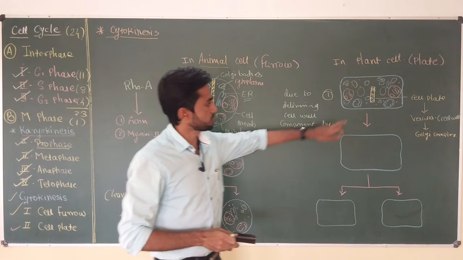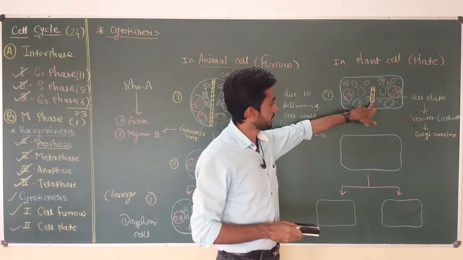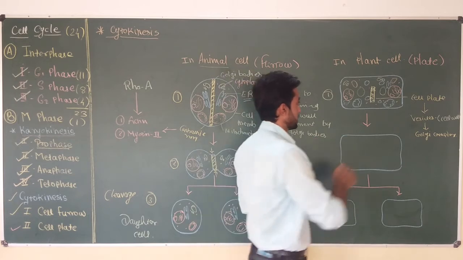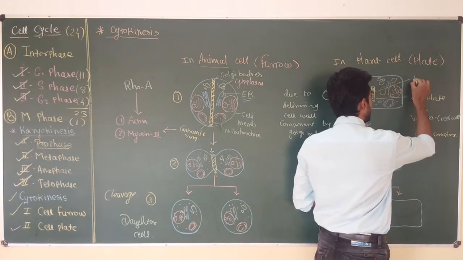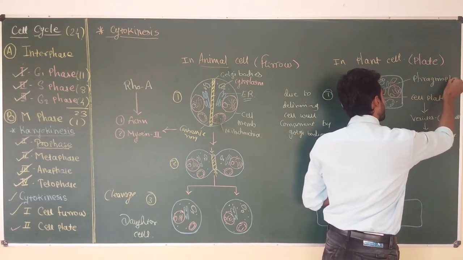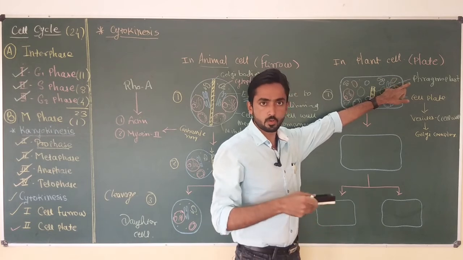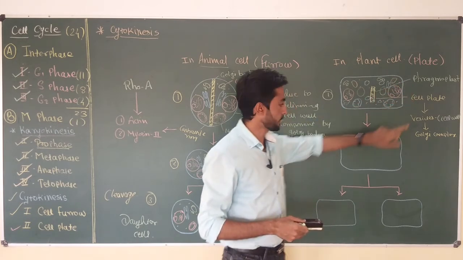This structure which is formed at the center of the plant cell due to these vesicles is initially called the phragmoplast. And this phragmoplast later on is going to convert into the cell plate.